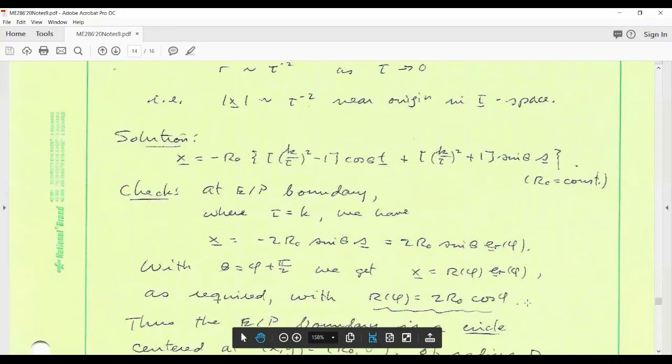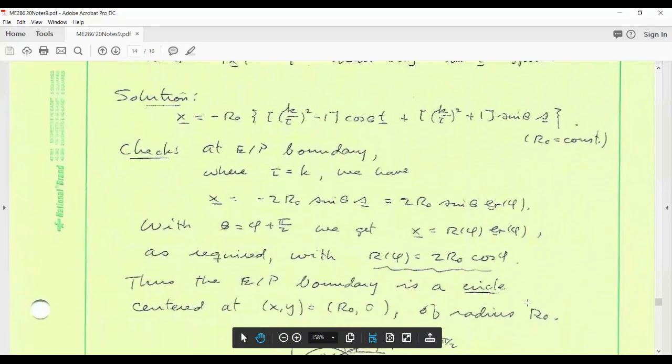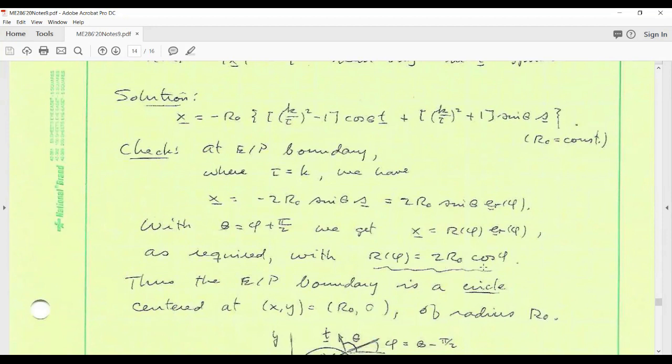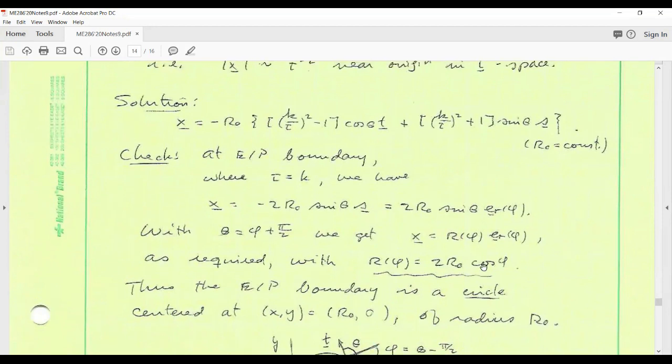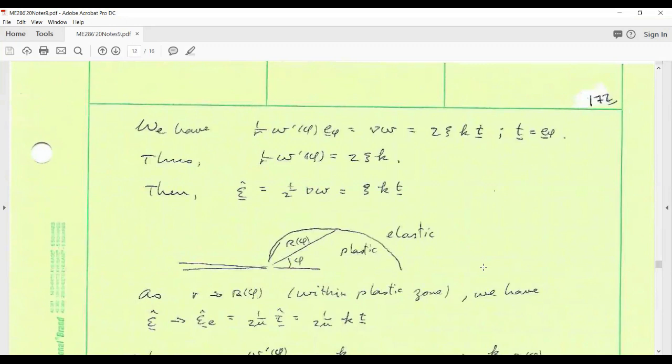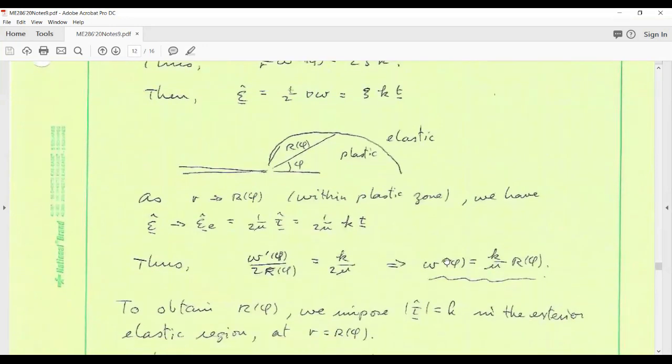Okay. So now we know R of phi, but we still don't know R naught. With R of phi known, apart from the constant R naught, we can go back a couple of pages and integrate this equation now to get the displacement field in the plastic region.